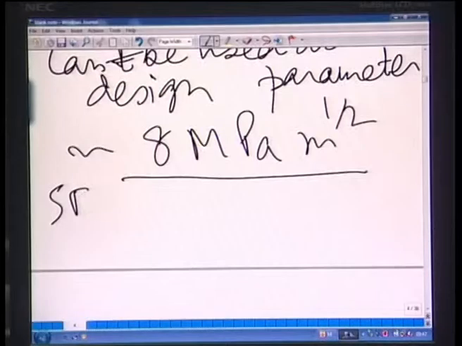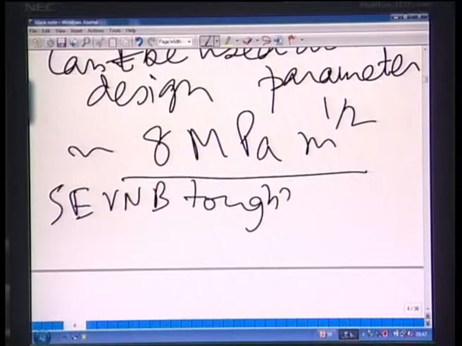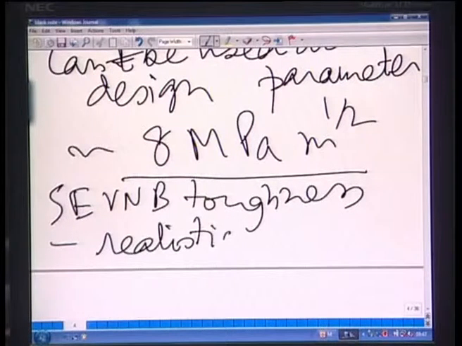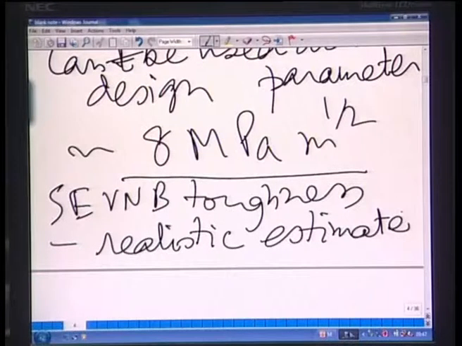So therefore SEVNB toughness values are a more realistic estimate. And all this information is valid only for brittle materials like ceramics.